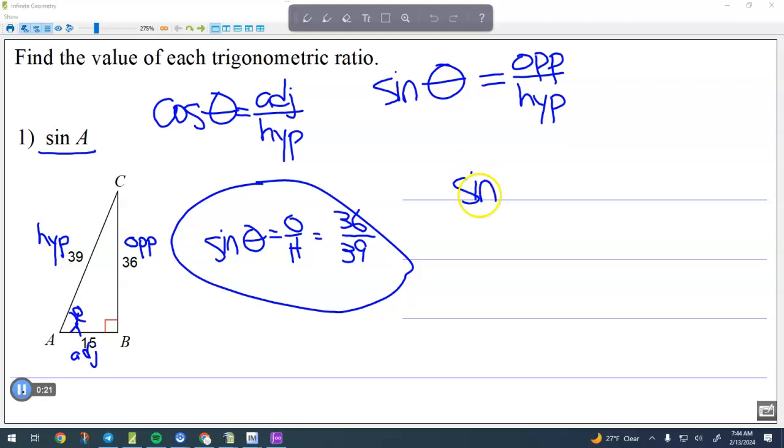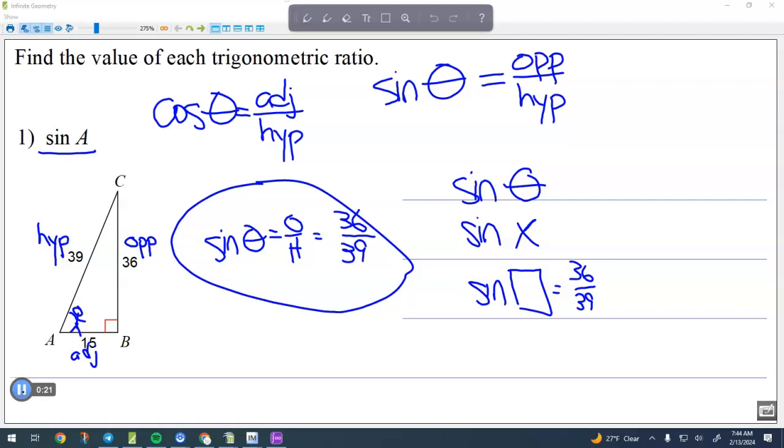So it's just a variable. It's the same as if it said sine of x. It's the sine of some angle equals 36 over 39. And then what we're going to learn how to do down the road is to find out what that angle is. So it's just a variable, a placeholder. Is that fair enough? Other questions on this one?